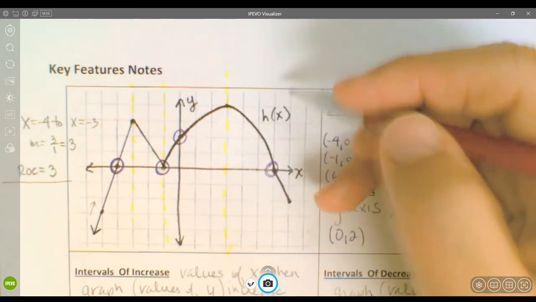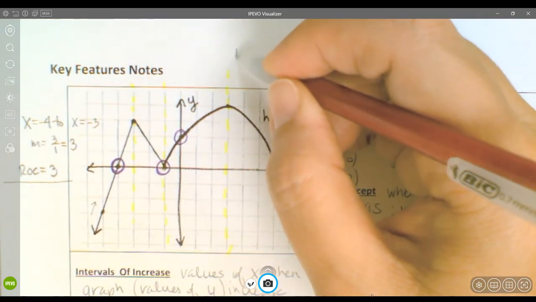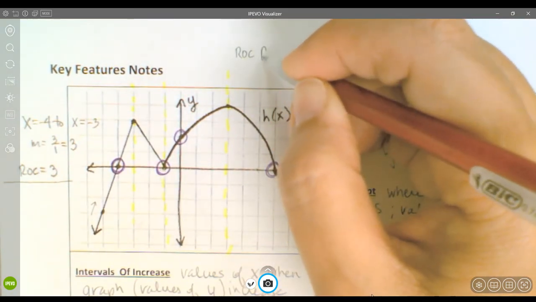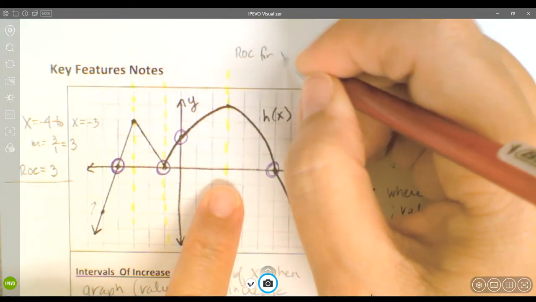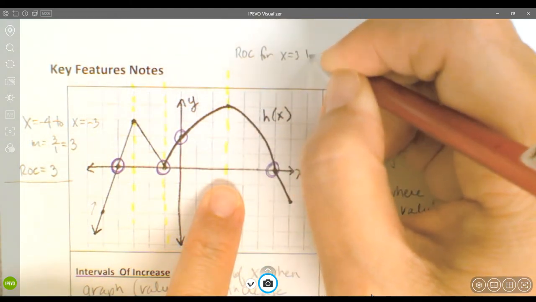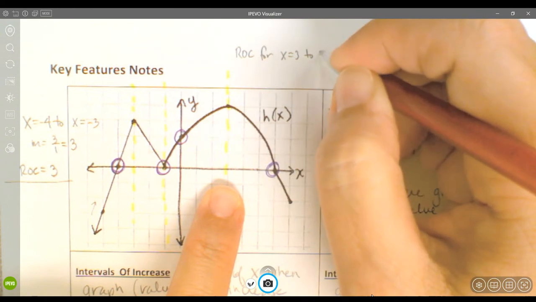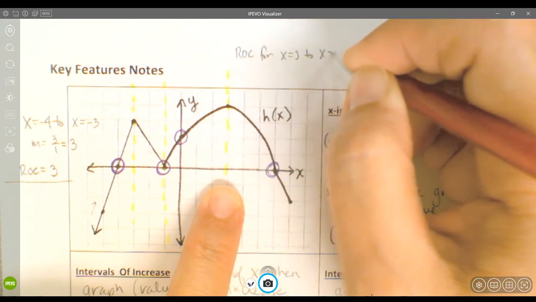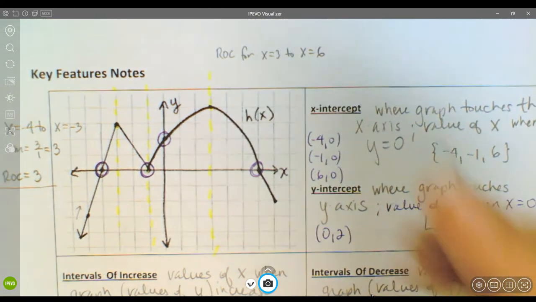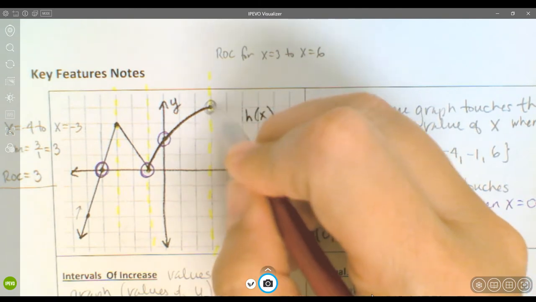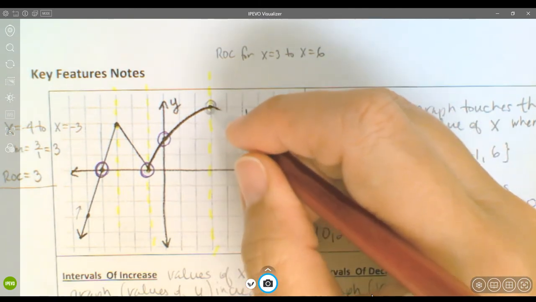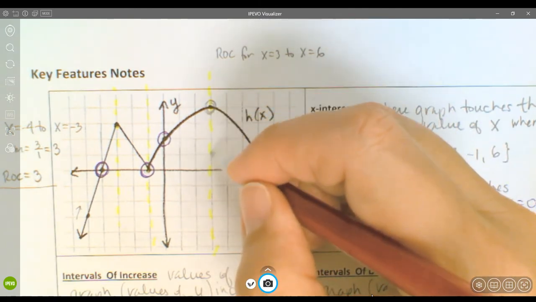So if I look at the rate of change for x equals 3 to x equals 6, all I want to do is look at this point here and this point here, and I traveled 1, 2, 3, 4.